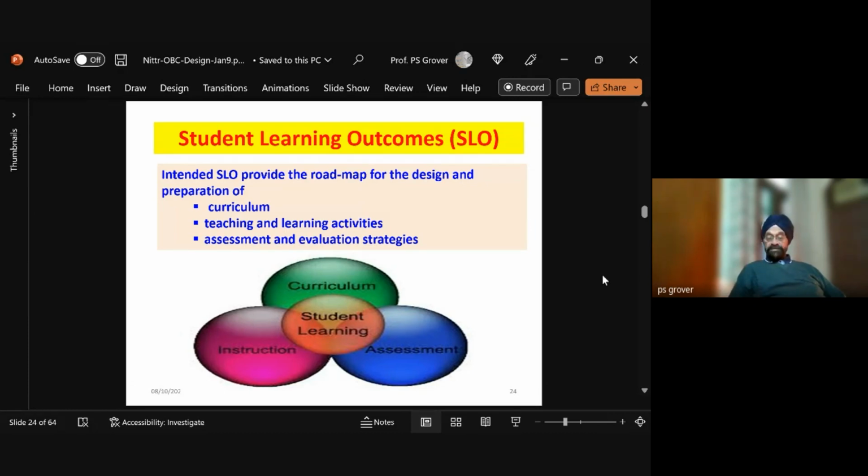That's why when we say outcome-based curriculum, we need to appreciate what contributes to its design. So the intended learning outcomes will help us design the curriculum, teaching and learning activities, then assessing and evaluation strategies. So student learning would be concerned with what instructional method we use, curriculum, assessment, and so on.